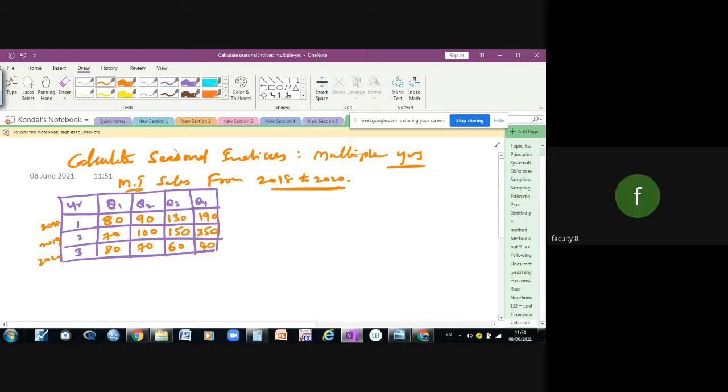So, as per the Mahindra Tech sales example, we have taken 2018, 19, 20. How can we calculate the seasonal indices?